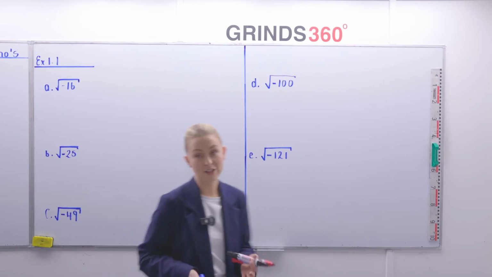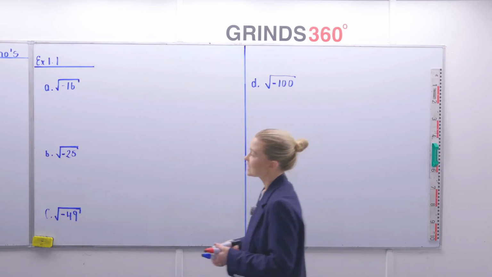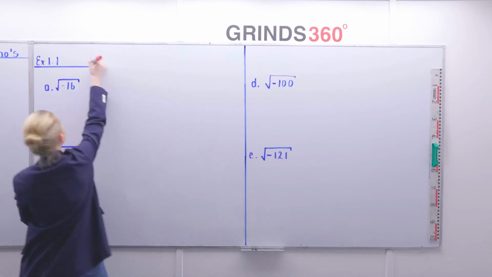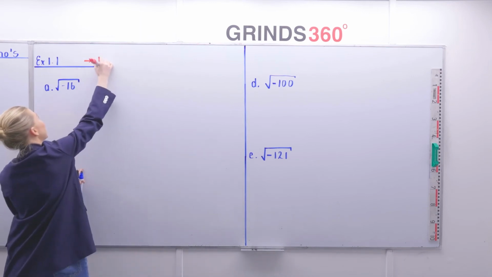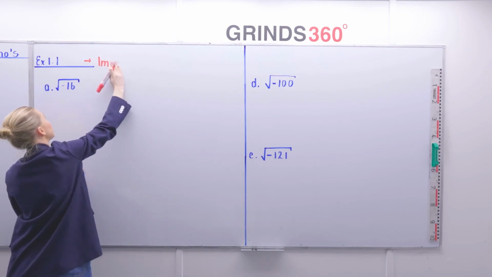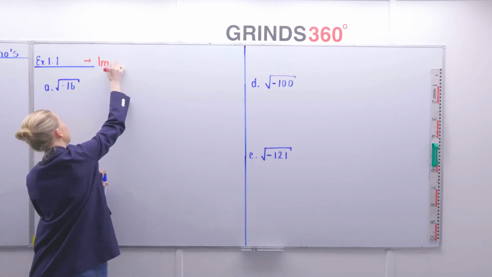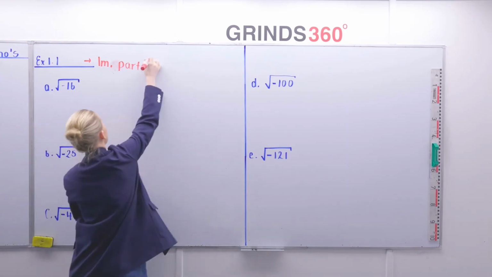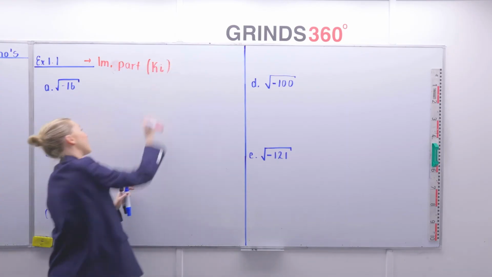So here, with exercise 1.1, we're basically trying to take these negative square roots and convert them into an imaginary part. I'm going to be writing down IM and just the word part beside it for imaginary part. We want to place them in the form, as you'll see there, KI.